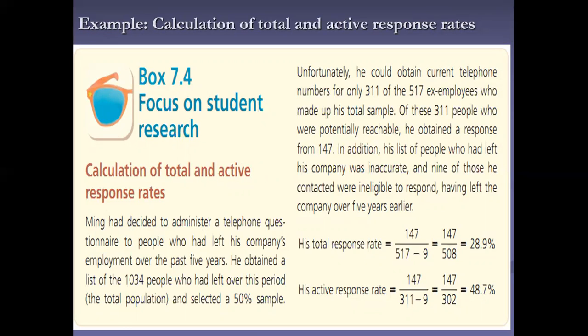Unfortunately, he could obtain current telephone numbers for only 311 of the 517 ex-employees who made up his total sample. Of these 311 people who were potentially reachable, he obtained a response rate of 147. In addition, his list of people who had left his company was inaccurate, and 9 of those he contacted were ineligible to respond, having left the company over 5 years earlier.